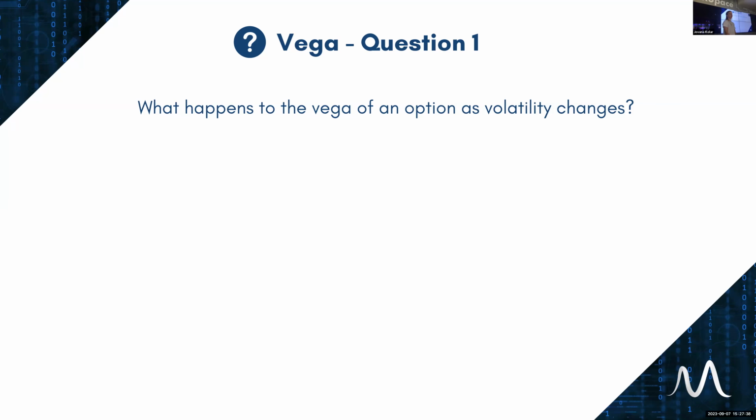What happens? So let's say volatility increases. Do you think the Vega should increase or decrease? Oh, okay. This is tricky.